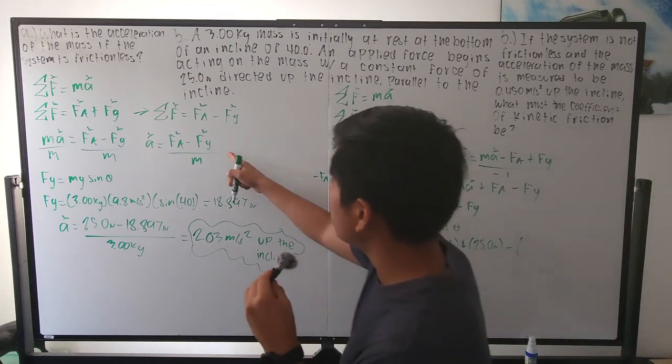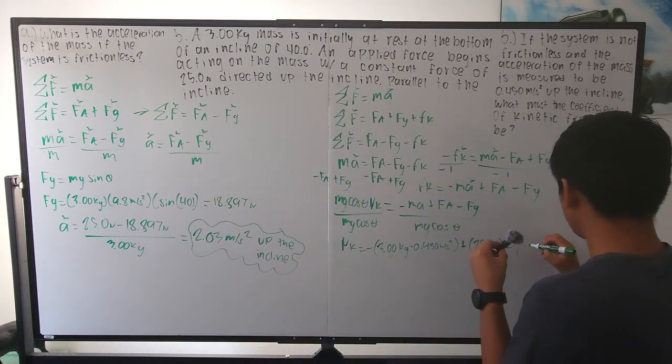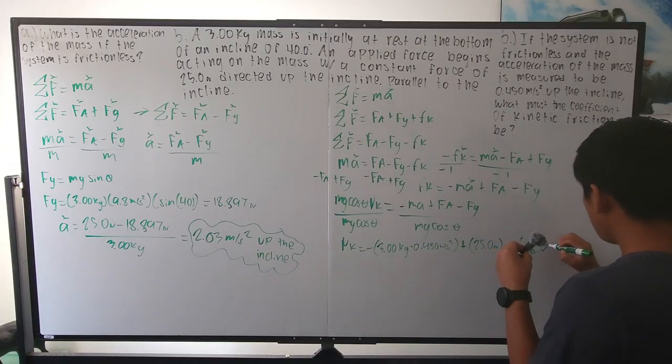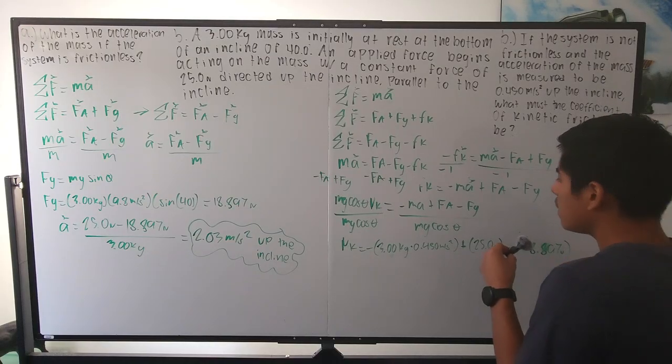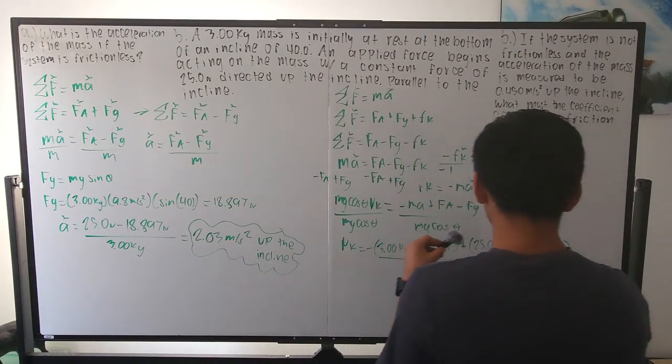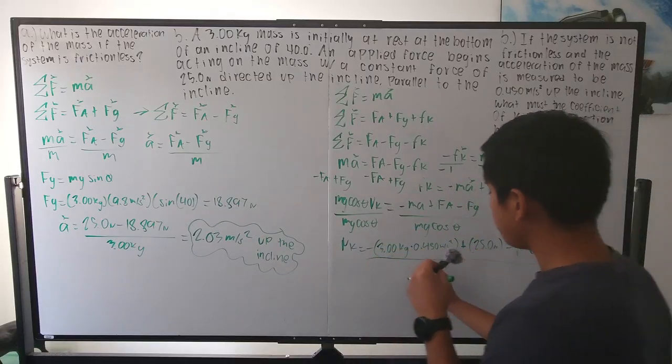FG we found over here to be 18.897 newtons. All of this over mg cosine of theta.